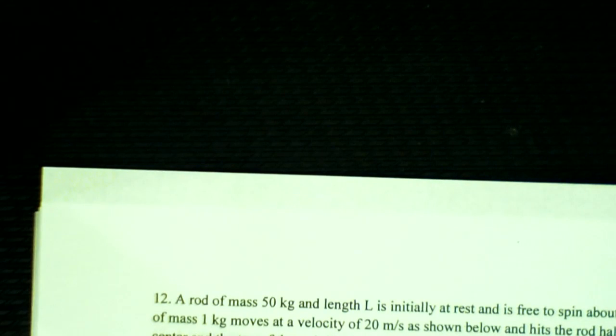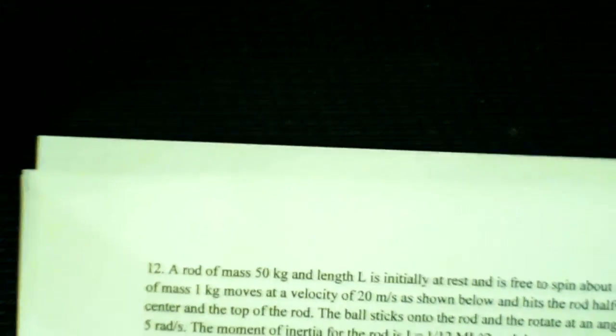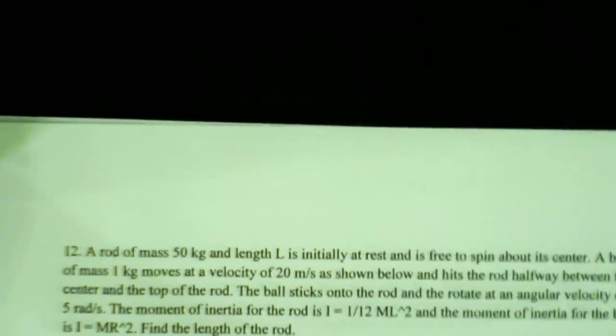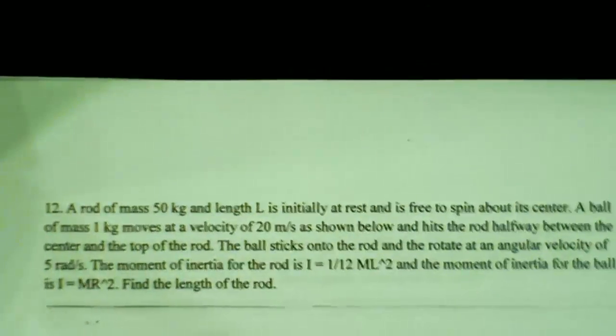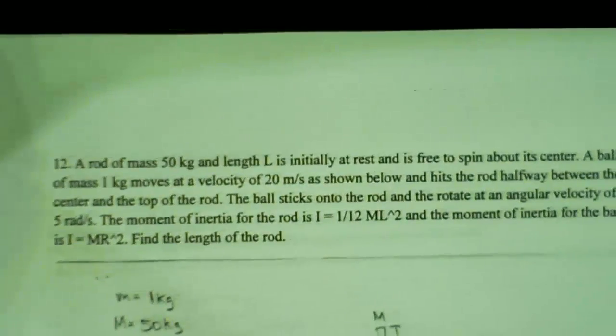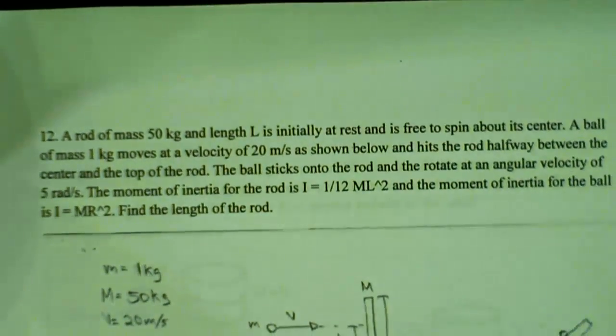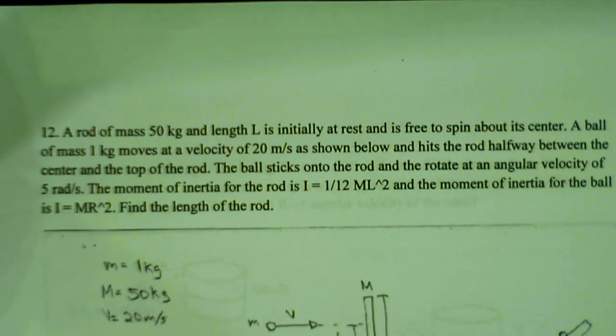All right. So this is an actual collision with conservation of angular momentum. So a rod of mass 50 kilograms and length L is initially at rest and is free to spin about its center.